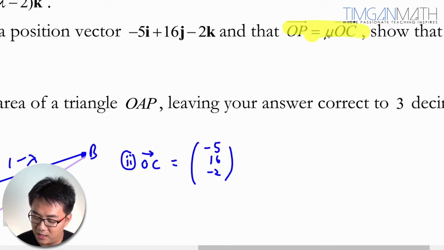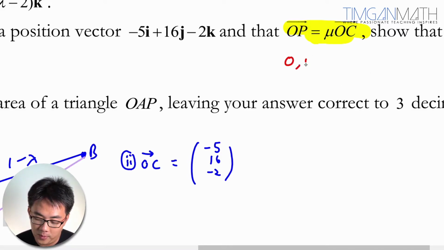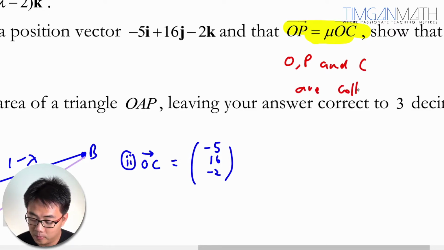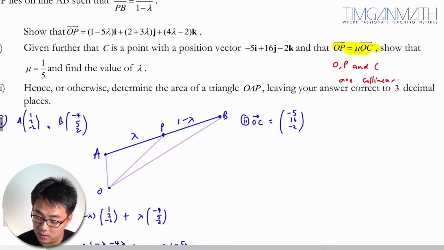This just means that P is on OC lah. Either on it or on the extended line, it depends on whether mu is big. So basically O, P, and C are collinear. Okay, so this is what I will register when I saw this question here.